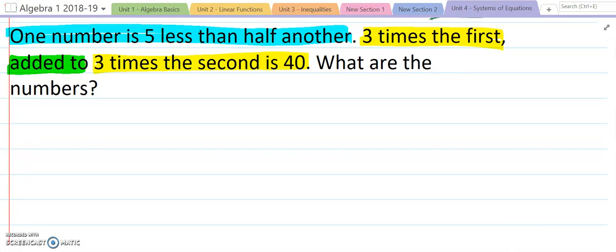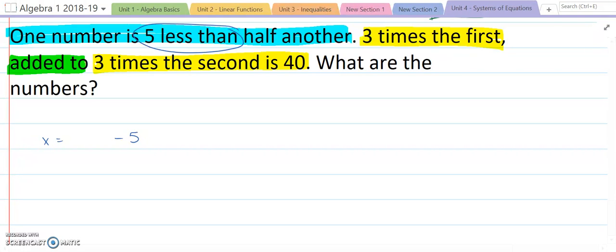So here we go. One number is 5 less than half another. One number is x equals 5 less than. Remember our conversation earlier this week. If you do less than, then it has to be something minus 5. That less than part means it has to be second in that equation. It cannot be the beginning.